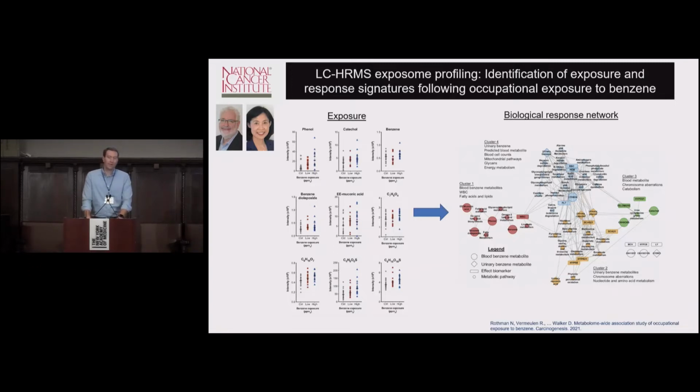Within that study, we were able to use these high-resolution mass spectrometry approaches to identify both known and previously unknown metabolites of benzene within biological samples, and then link those to key alterations and pathways related to hematopoietic stem cells and their function. And so it really demonstrated the ability of us to use these LC-based methods to still characterize many of the exposure biomarkers we're interested in, as well as tie them to the key biological effects that have been linked to these exposures.